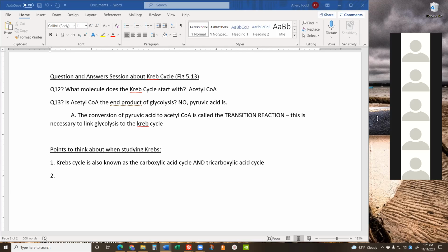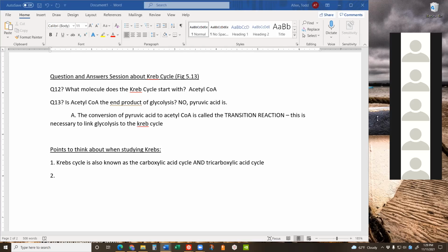Because again, if you take a careful look at figure 512 of glycolysis, you'll notice that glucose at the top has 6 carbon atoms. And at chemical reaction 4, those 6 carbon atoms are split in half. So you end up with 2 3-carbon molecules. The 2 3-carbon molecules are used to make 2 pyruvic acids.